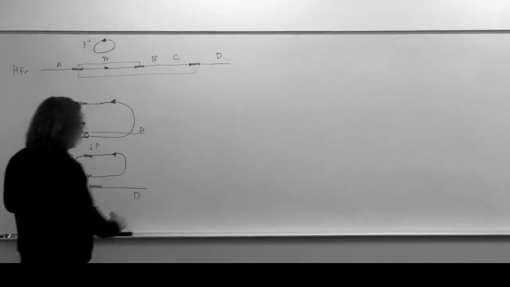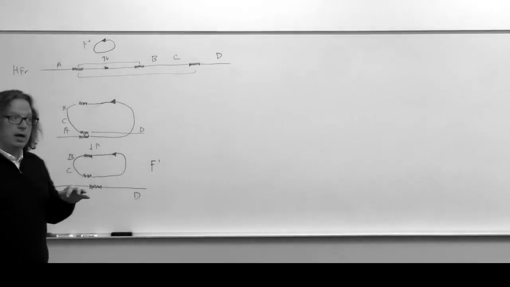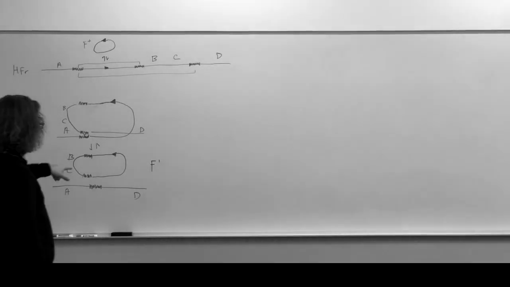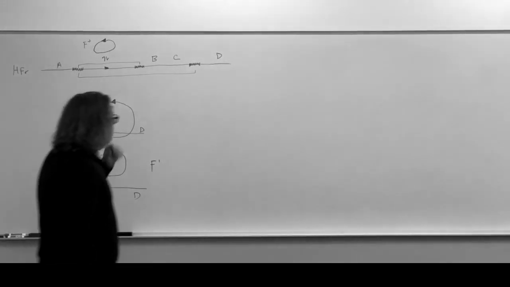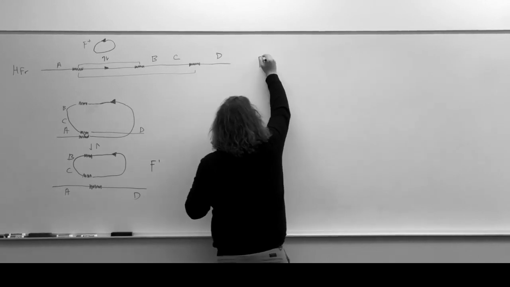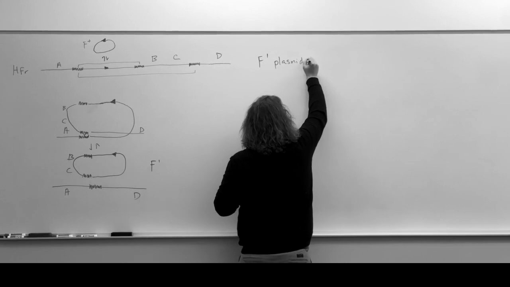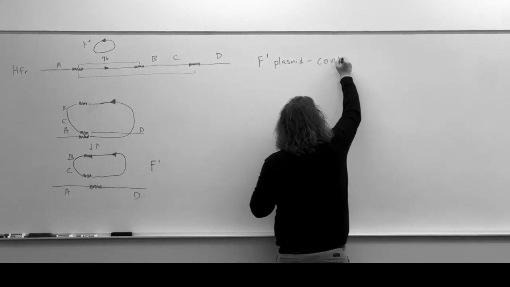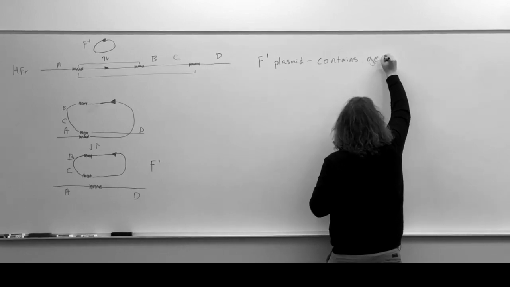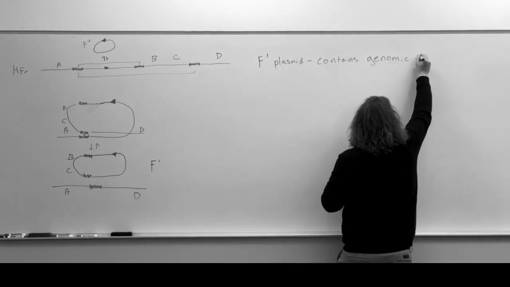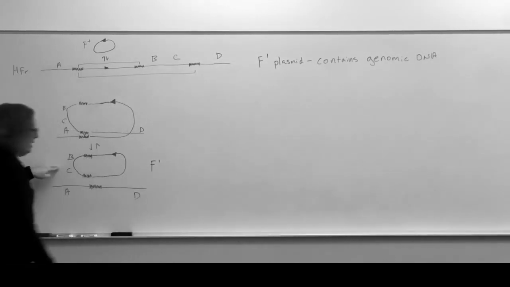So we're going to call this an F prime strain, a strain that has what's now called an F prime plasmid. So an F prime plasmid contains genomic DNA. So it contains this B and this C gene.